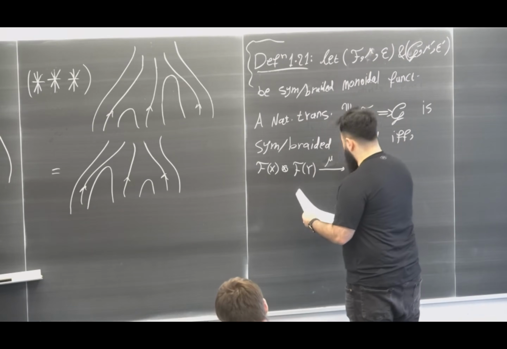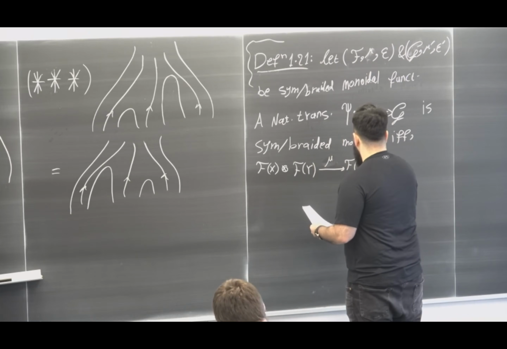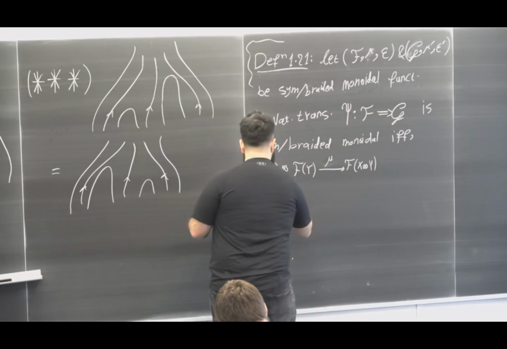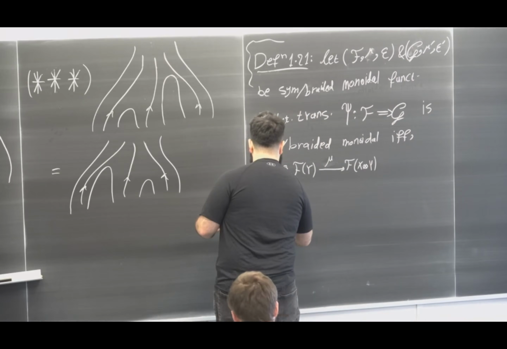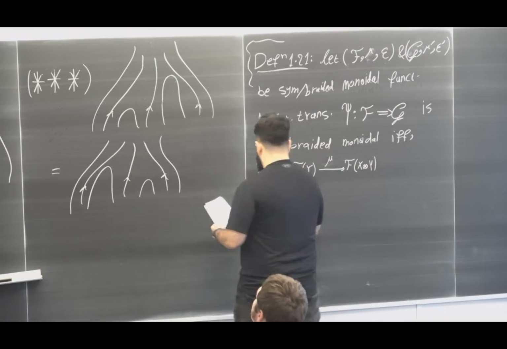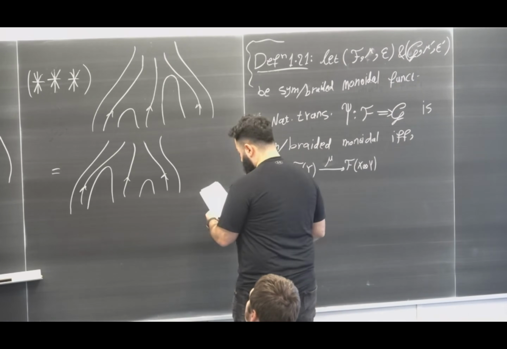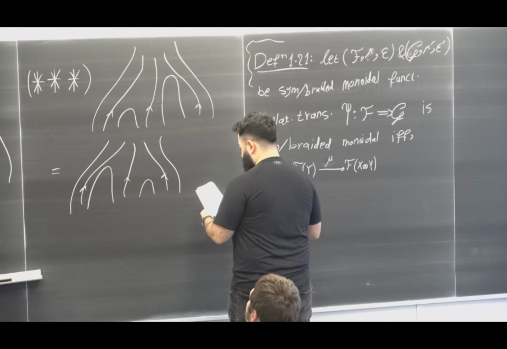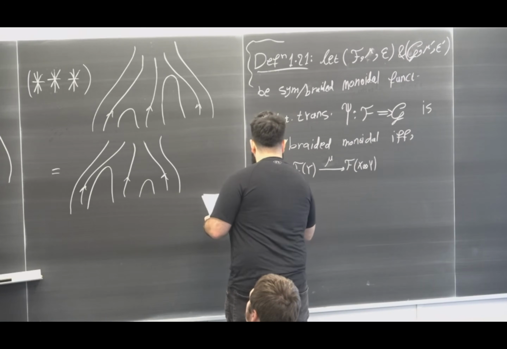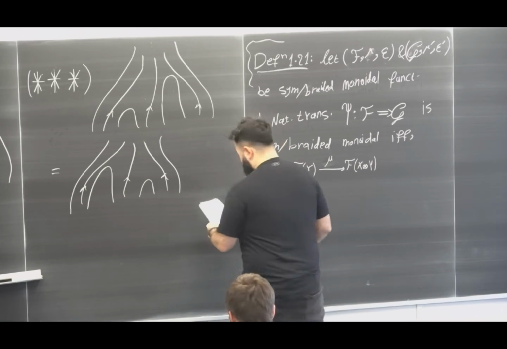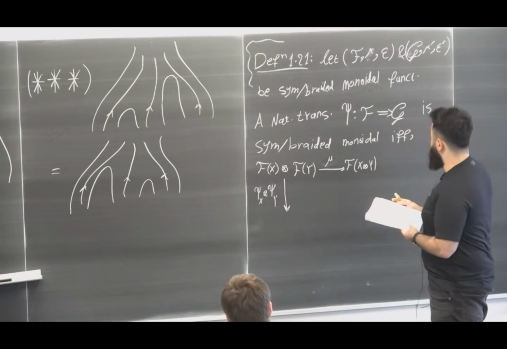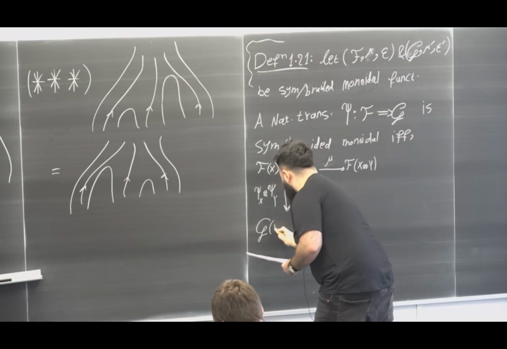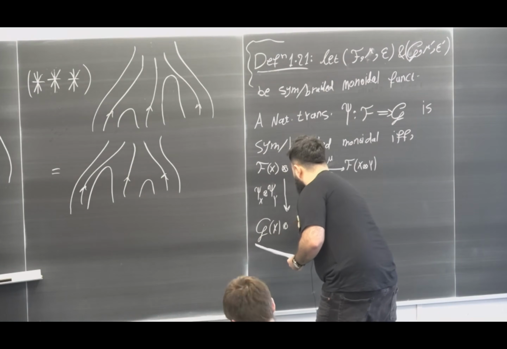So this becomes F of x tensor y. Now if I apply my natural transformation on these, the tensor product of psi x and psi y, and I think in Lucas's notes there's a typo here, it's a comma instead of psi, if I remember correctly. What do I get? Well, my natural transformation takes an F and spits out G, so this is just G of x tensor G of y.